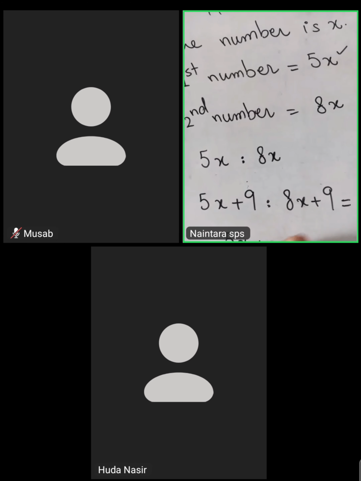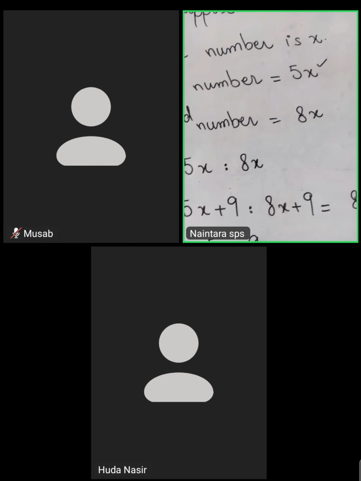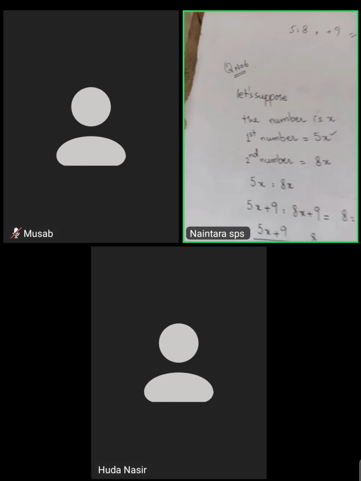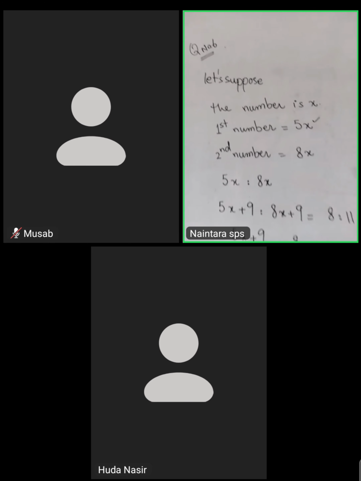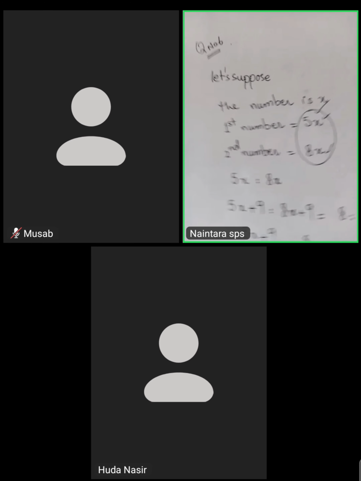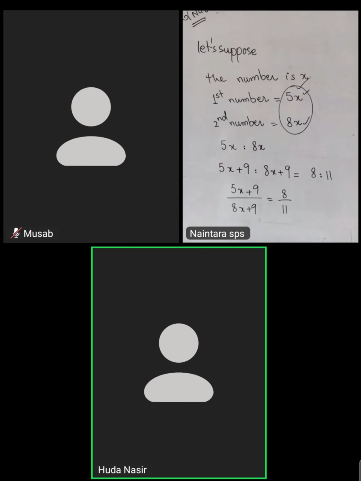Now write them in the fraction form: 5x plus 9 by 8x plus 9 is 8/11. Simplify from here, you will get the value of x, then find out both of the numbers that they were saying, which are 5x and 8x. Can you solve it now? Yes, ma'am. Okay.